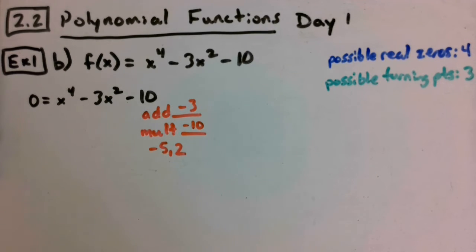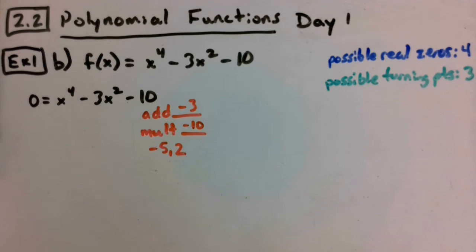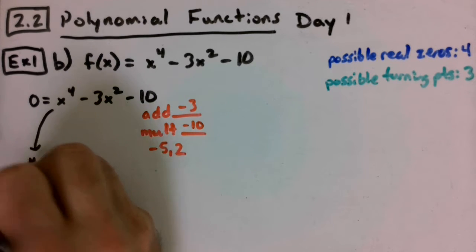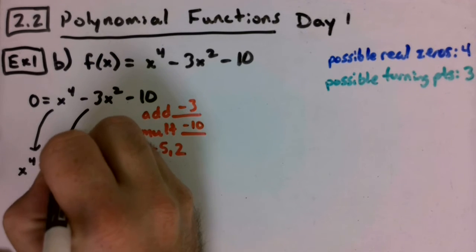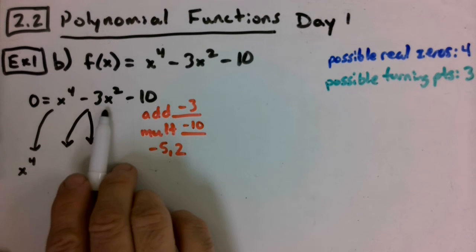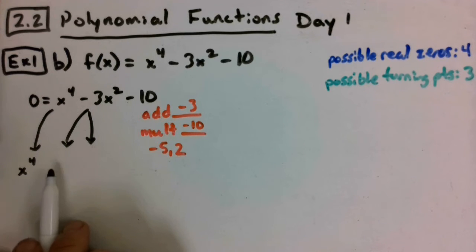From there, I should be able to do some factoring. I'm not sure if I can use the shortcut or not. I do have a 1 in front of the x to the fourth, but we haven't factored anything like this before. If possible, we'd like to use the shortcut, I just don't know if it is or not. We haven't talked about that yet. So I'm going to do this the long way. I'm going to write down the first term, and then split the middle term up into 2 parts. This middle term is an x squared term, which means both parts are going to need to be x squared terms also.